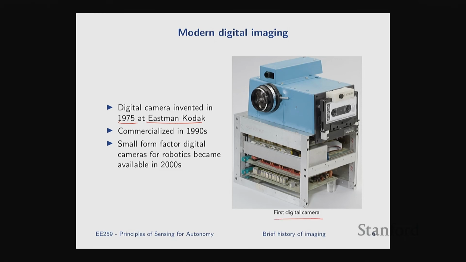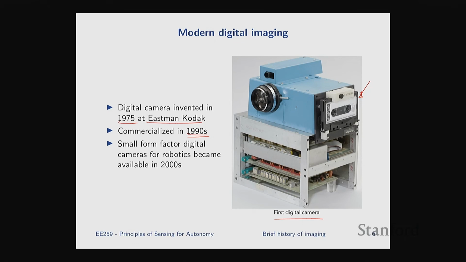I don't know all the details, but it seems they used a cassette tape to store the images, which makes sense, since in 1975 modern digital storage media didn't exist. It wasn't until the 1990s that digital cameras became commercialized, and not by Kodak. Kodak almost entirely went down because they did not believe in the revolution of digital imaging.